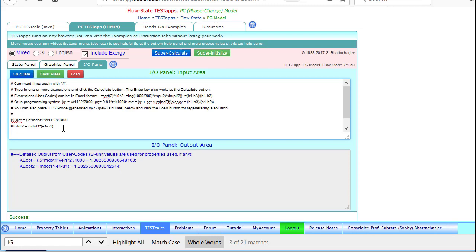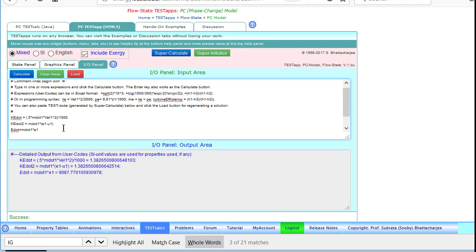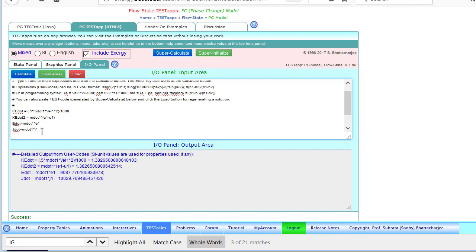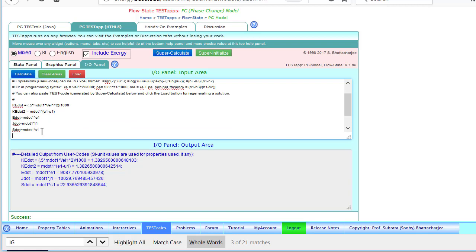The next part asks for a rate of transport of stored energy, which is going to be capital E dot equals m dot 1 times E1, and then flow energy, which is J dot times m dot 1 times J1, and then flow rate of entropy, which is going to be S dot equals m dot 1 times S1, and lastly it's going to be exergy, which is psi.